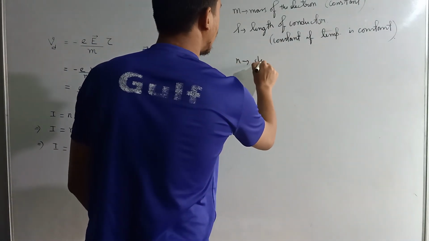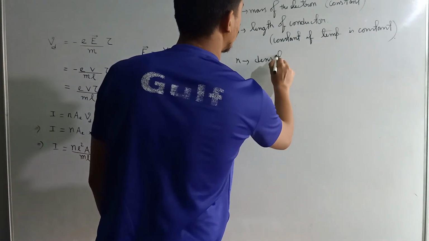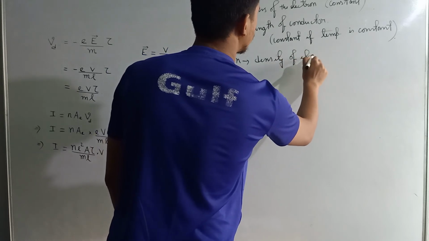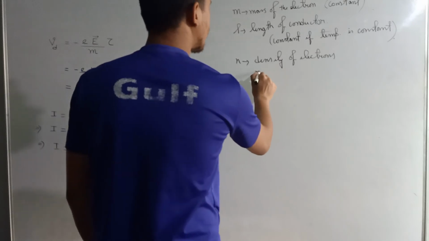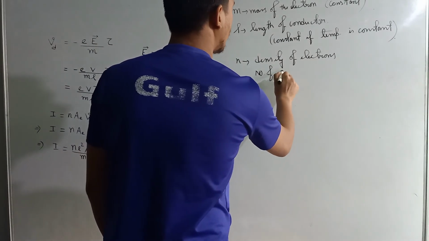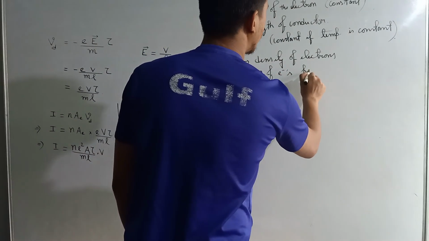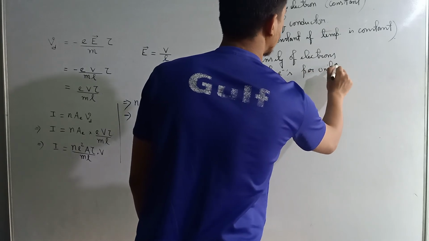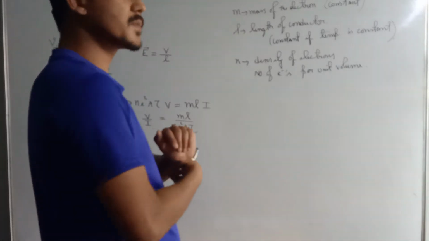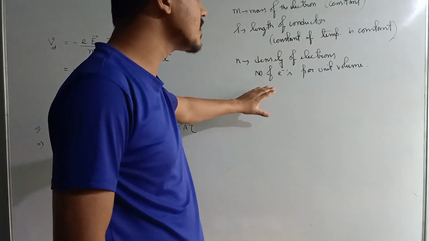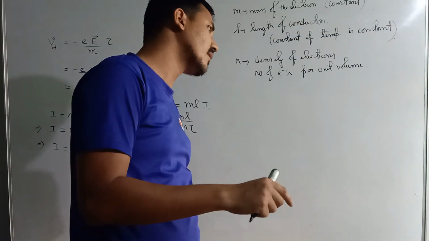Now n means the density of electrons. Density of electrons means number of electrons per unit volume. The density of electrons is also constant only if the temperature is constant.